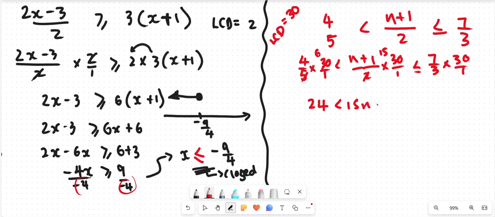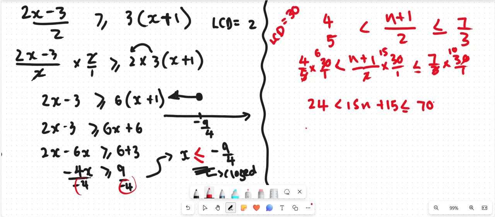15n plus 15 less than or equal to. And take note, these signs do not look the same. This one just says less than, but this one says less than or equal to. And if I keep going, this is 10, and so that is a 70.